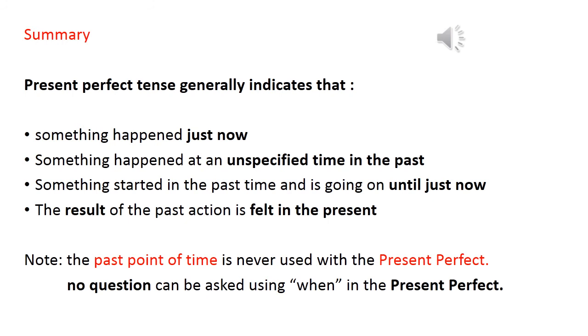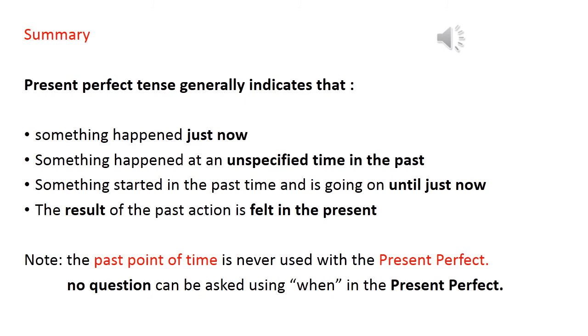Let's summarize this very important lesson. The present perfect tense generally indicates that something happened just now, or something happened at an unspecified time in the past. Something started in the past time and is going on until just now. And finally, the result of the past action is felt in the present. I would like to repeat here.